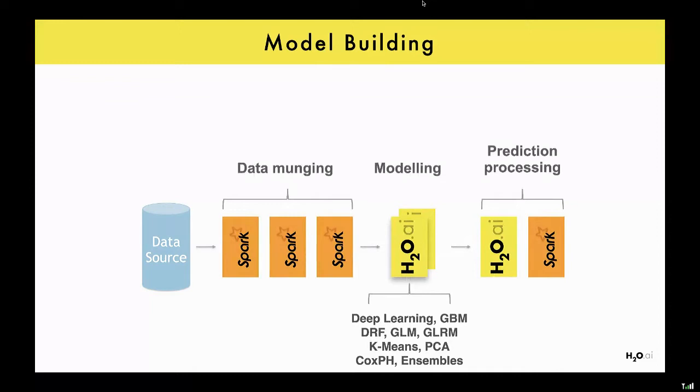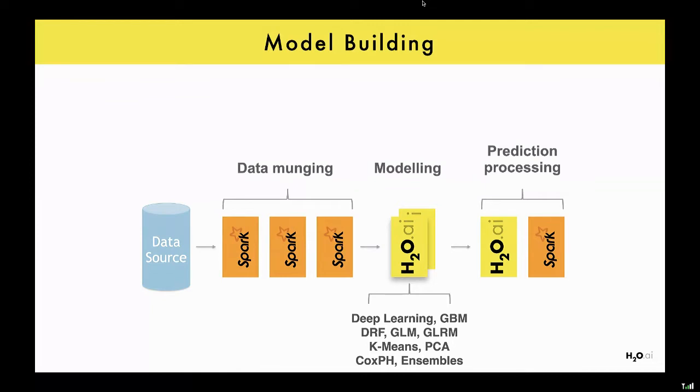We can do it manually using the H2OFrame method, and we can run any algorithms which are listed here and any others, or we can also use our Sparkling Water API, which does the conversion for you, so you don't need to worry about that. You will run, for example, H2O GBM, and you will pass a Spark DataFrame to it, and Sparkling Water will automatically handle the conversion between Spark and H2O. And then for the predictions, you can process them in H2O and in Spark.